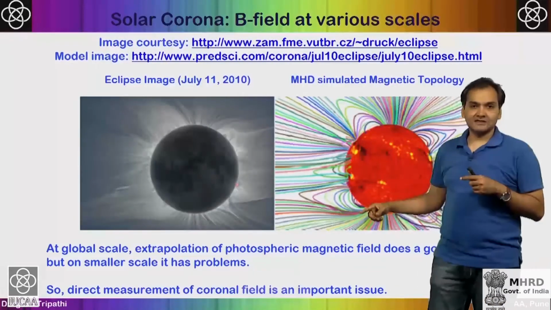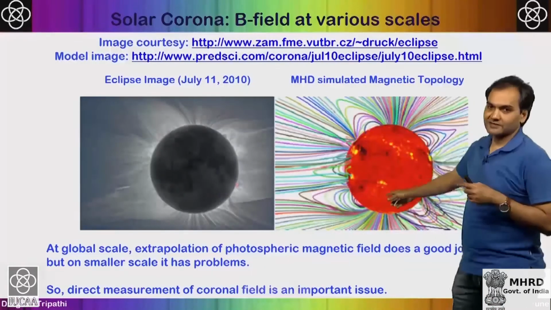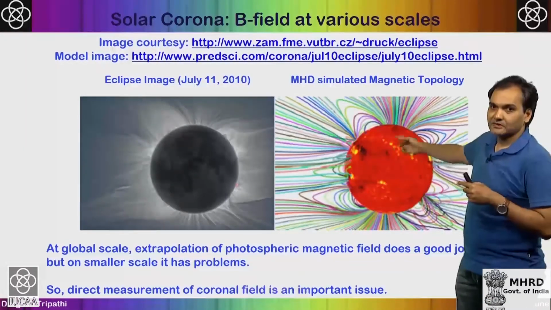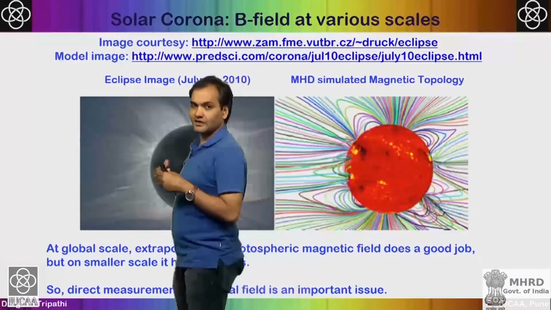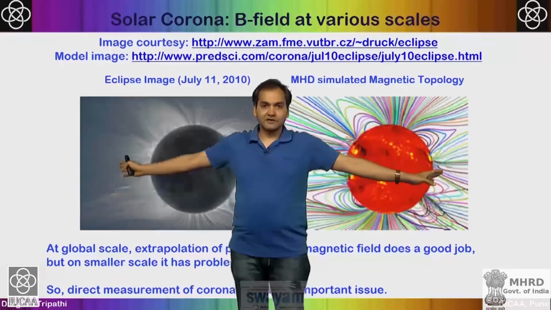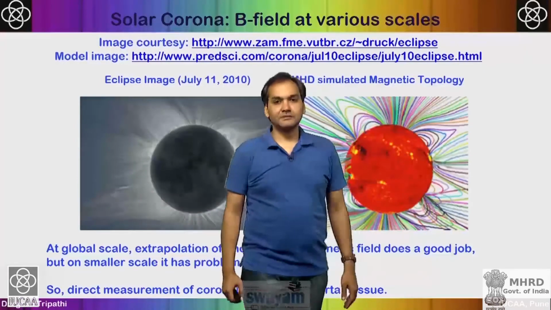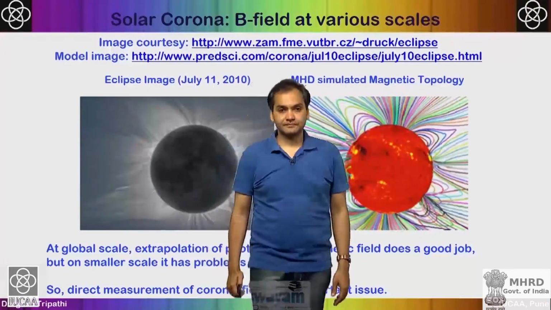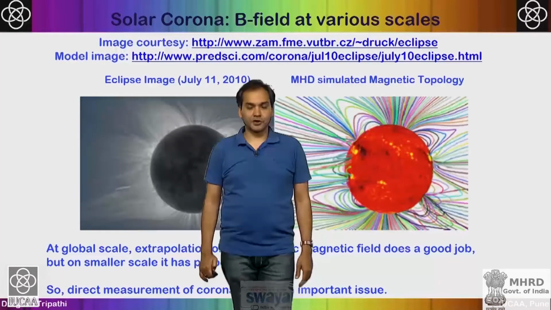What you find is that the structures you see in the eclipse images match pretty well with the magnetic field structures you predict from the potential field extrapolation. So, that also says that all the structures you see in the corona essentially represent the magnetic field, in white light at least, but a direct measurement would certainly be a good option.